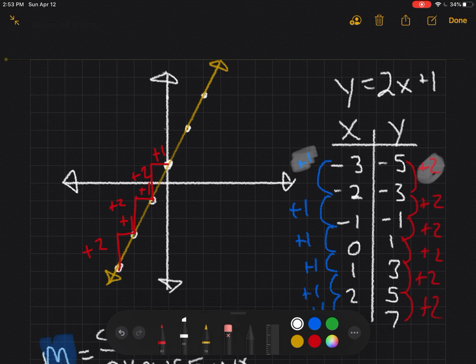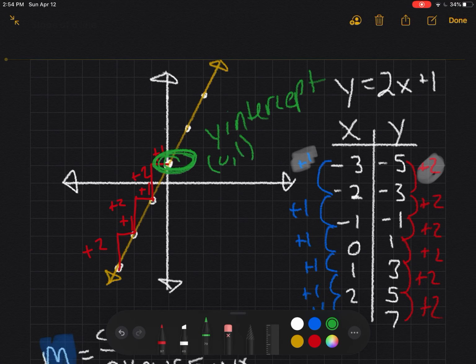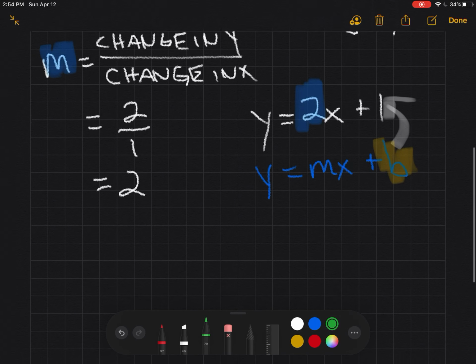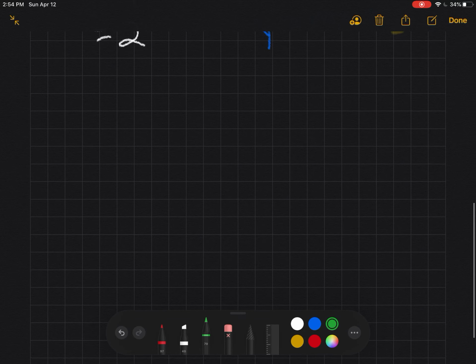What's the b in this equation? 1. So if b is equal to 1, let's take a look back at our graph here. What's happening right here is our y-intercept, and it's the point 0, 1, or 0, b, if you're following that equation.